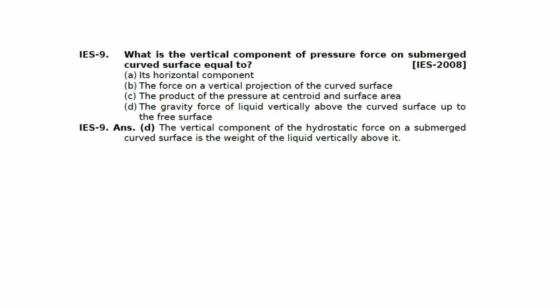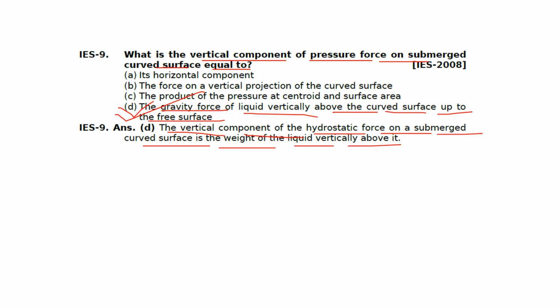It is actually the gravity force of the liquid vertically above the curved surface up to the free surface. So the answer is D. The vertical component of the hydrostatic force on a submerged curved surface is the weight of the liquid vertically above it.